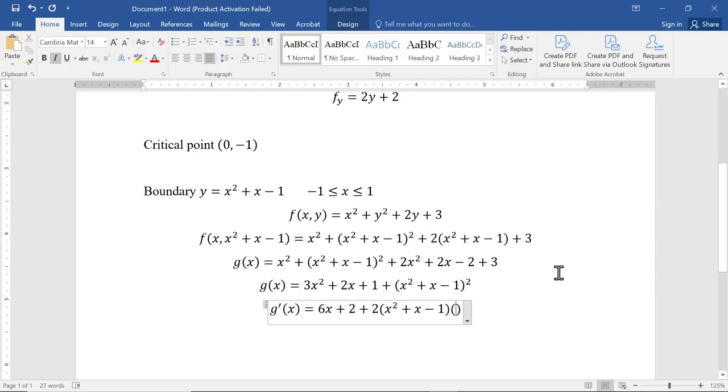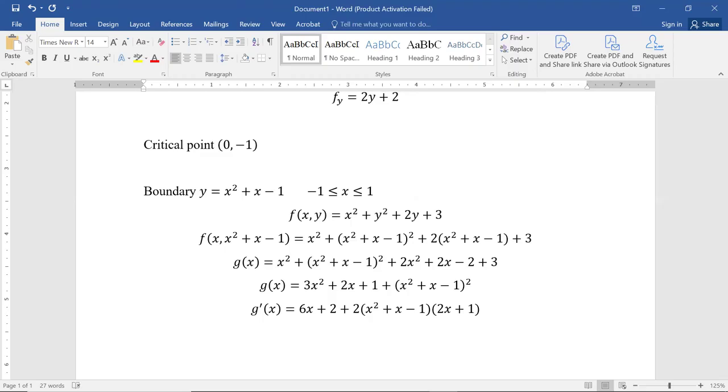The derivative of the inside function is 2x plus 1. Notice that I can distribute the 2, I can multiply 2x plus 1. That's less work than having to expand this out.